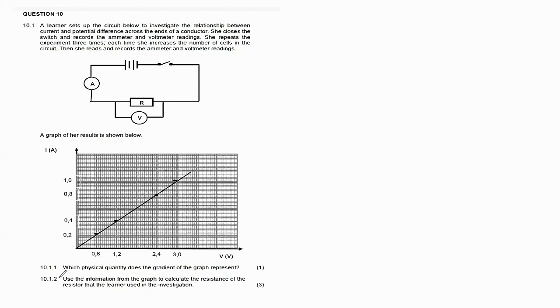Then 10.1.2 says, use the information from the graph to calculate the resistance of the resistor that the learner used in this investigation. So now we know to calculate the gradient, you only need 2 consecutive points. We can take the first 2 consecutive points there, and we know our gradient will be represented by the change in current over the change in the voltage.